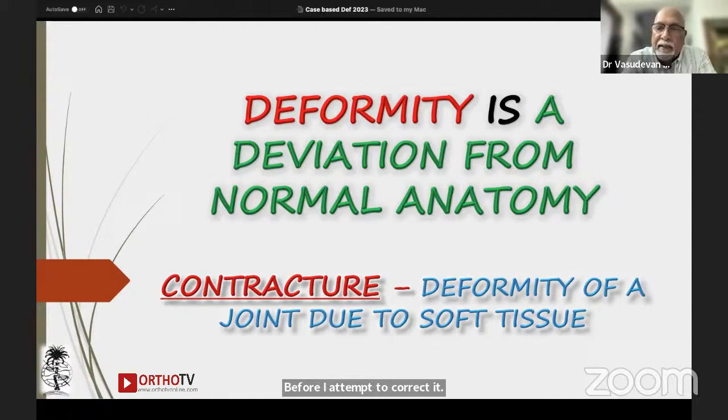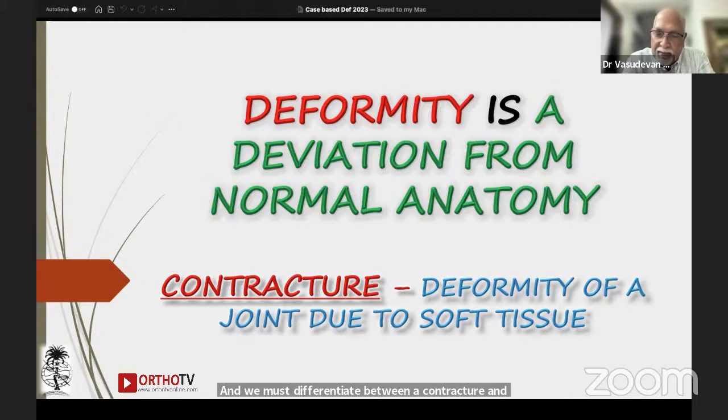So deformity is a deviation from normal anatomy. That gives another point: all of us must be very well versed in normal anatomy. And we must differentiate between a contracture and a deformity.